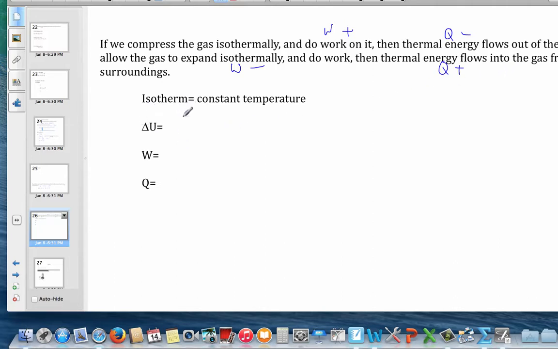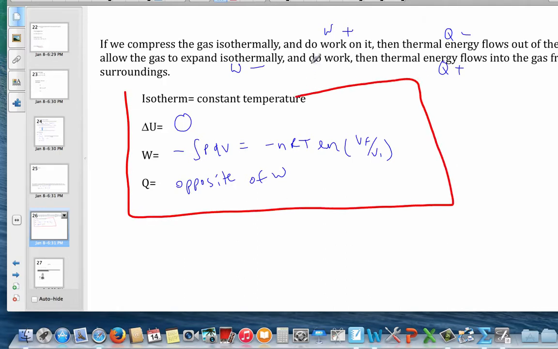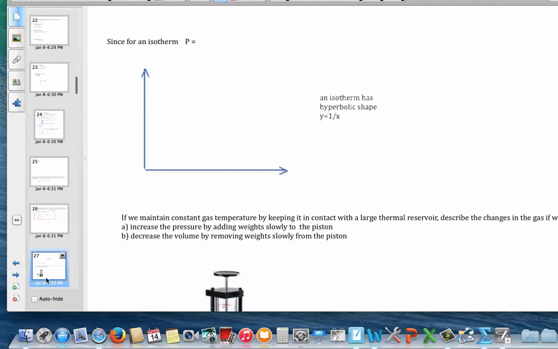So overall, for an isotherm, delta U is 0. The work done, we just showed through the integral of negative P dV, is minus nRT ln of Vf over Vi, and the thermal energy flow Q is just the opposite of the work by the first law of thermodynamics. So that's a quick summary of isothermal processes.